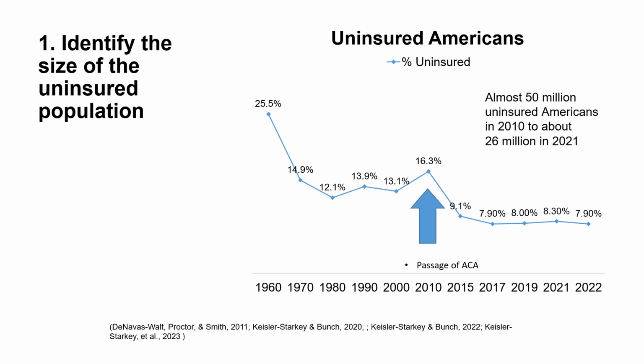So, basically half the number of uninsured individuals, which is good. And a lot of that drop occurred between 2010 and 2015, and then it's been pretty much the same since that period of time.